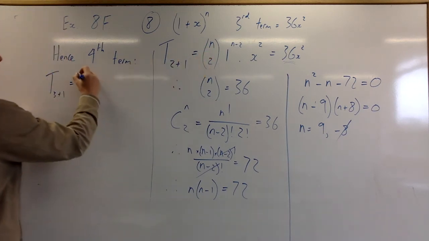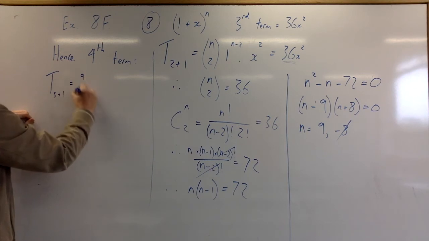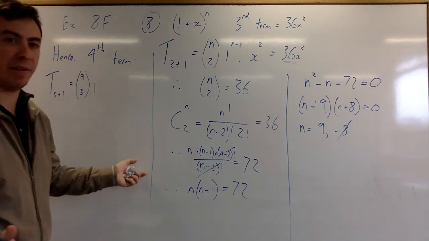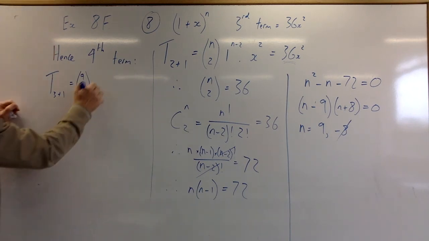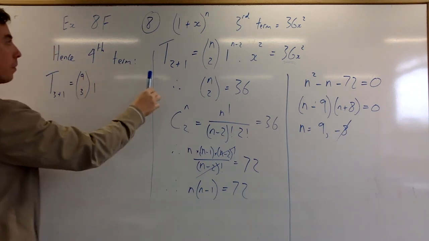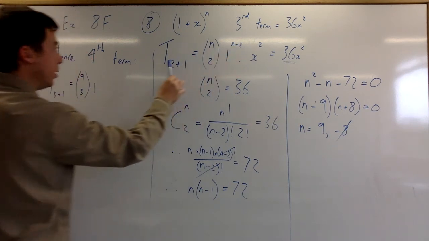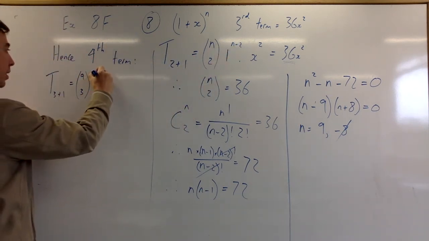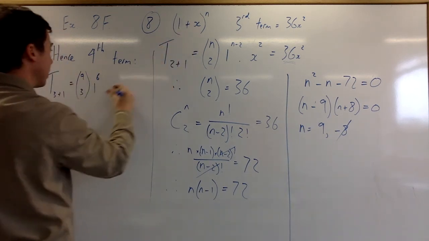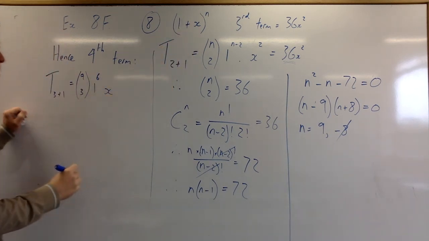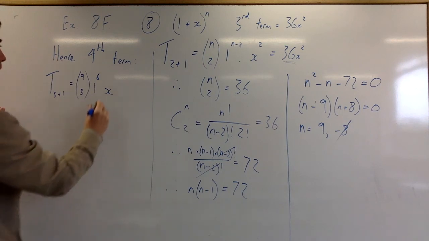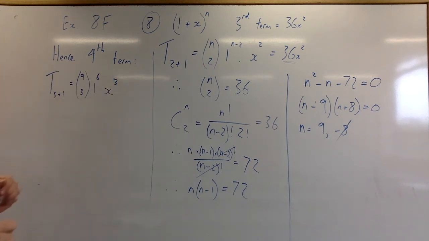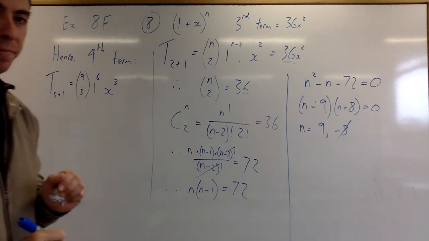My n was 9, so 9 choose 3. 1 to the power of whatever, it's still 1, but 1 to the power of n minus r. So that'll be 9 minus 3, which is 6. And then I'll have x cubed, right? Because x to the power of r is 3 if I want the fourth term. Okay?